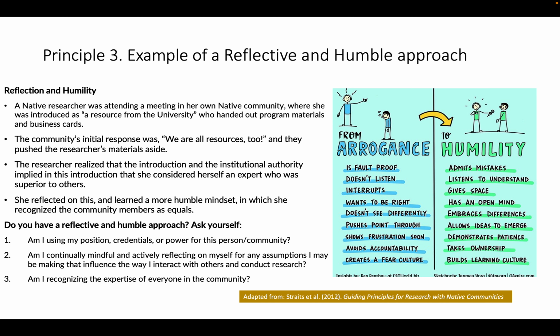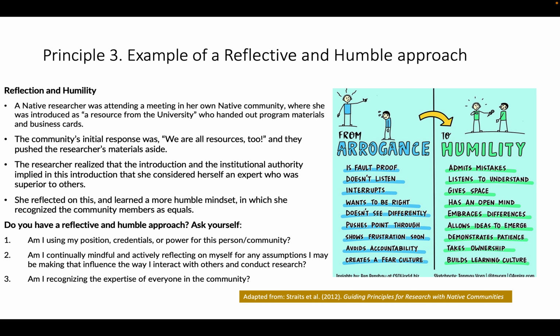The community's initial response was, "We are all resources too," and they pushed the researcher's materials aside. The researcher realized that the introduction and the institutional authority implied that she considered herself an expert who was superior to others. She reflected on this and learned a more humble mindset in which she recognized the community members as equals.